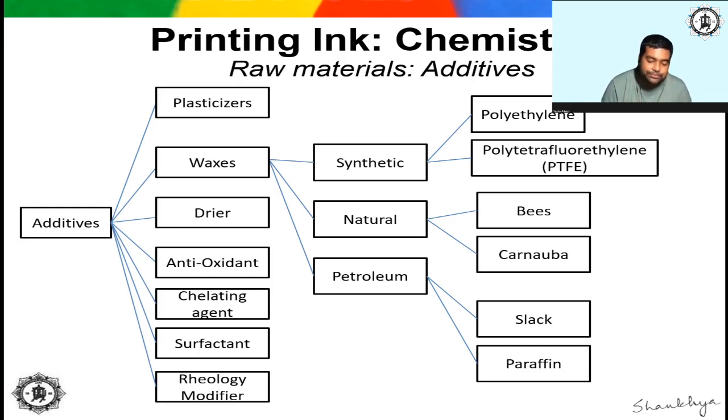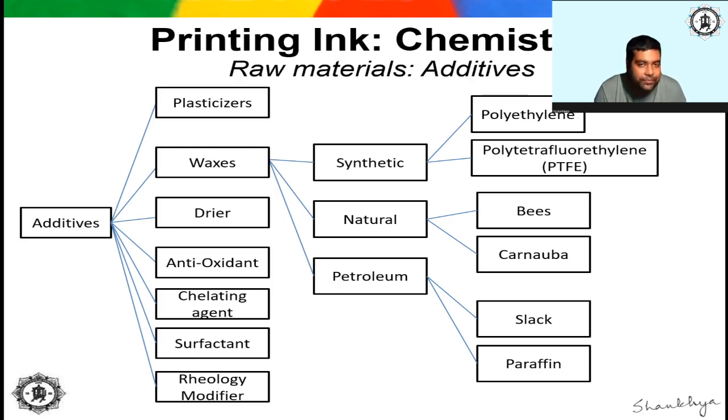So what happens is, let us say you have printed and packed some monocartons, and during transport those monocartons are stacked one upon the other, right? During the transportation it will undergo a lot of abrasive forces, a lot of jerks, a lot of agitation. If the printed ink surface does not have a good surface property, does not have good smoothness, then due to the abrasive forces, the dried ink surface may come off.